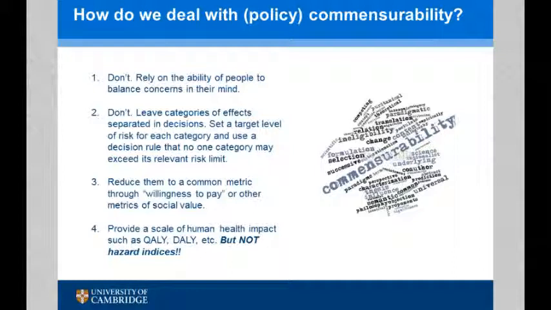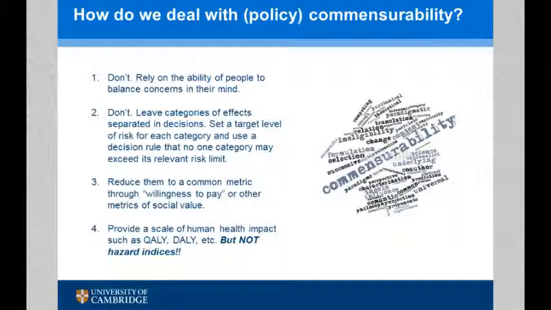You could look at cancer, you could look at fatal cancer versus non-fatal cancer, you could then look at respiratory disease, you could look at reproductive disease, and again, you can keep them completely separate, not try to make them commensurable at all, and then show them to somebody and just have that person say, you know, this cup is a little higher on cancer, but it's a little lower on reproductive effects, and so I choose cup B. You know, and people do have the ability to make these decisions and to balance concerns in their minds. But the problem with that approach is, of course, that you can't then see inside their mind to understand how they went about producing that final judgment.